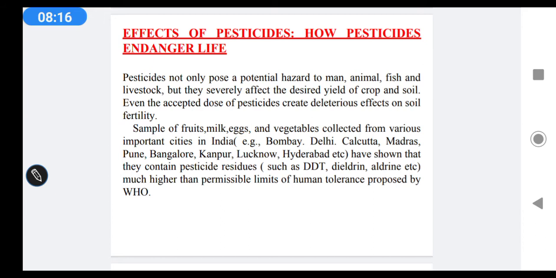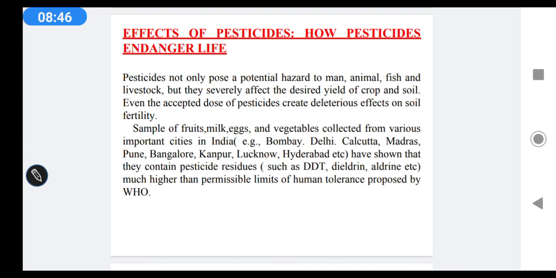Samples of fruits, milk, eggs and vegetables collected from important cities in India like Bombay, Delhi, Calcutta, Madras, Pune, Bangalore, Kanpur, Lucknow, Hyderabad, etc. have shown pesticide residues such as DDT, dieldrin, aldrin, etc. much higher than the permissible limit of human tolerance proposed by WHO.